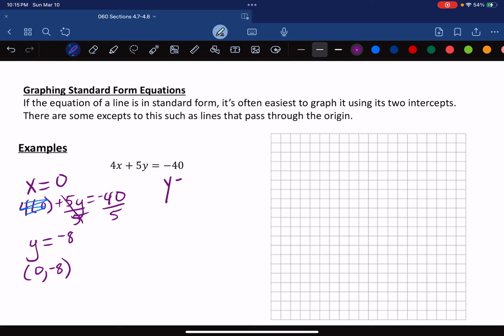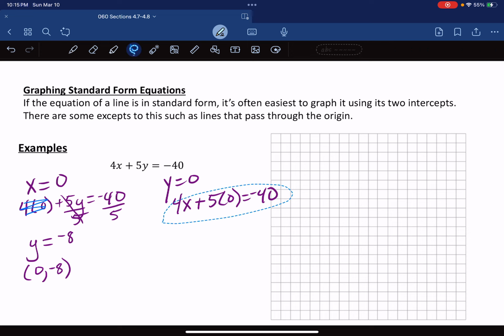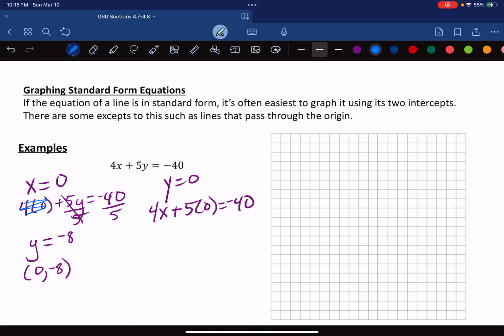And then I can go and do the same thing for the x-intercept. Five times 0 is 0, so that leaves me with 4x equals negative 40.